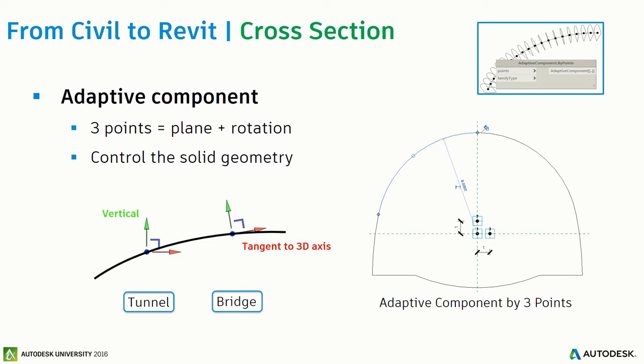So that's why I created 3 adaptive points, always at the same place, 1 meter, 1 meter. And those 3 points define a plane, a unique plane. 3 points define a plane, and also the rotation, because my section needs to remain horizontal in a section view, okay? So I can handle tunnels and bridges with this method.